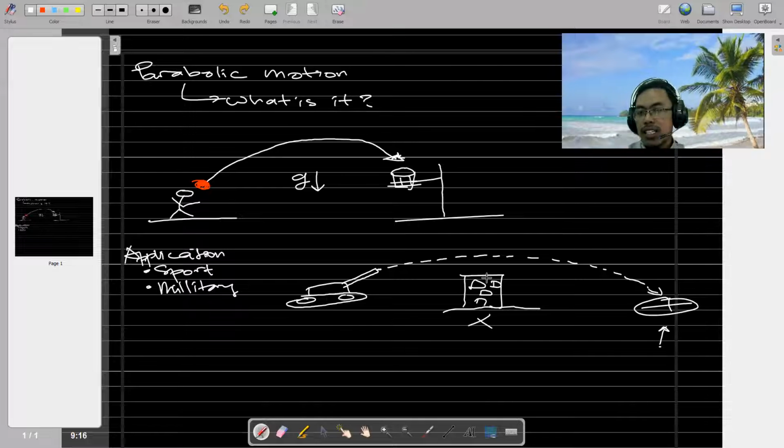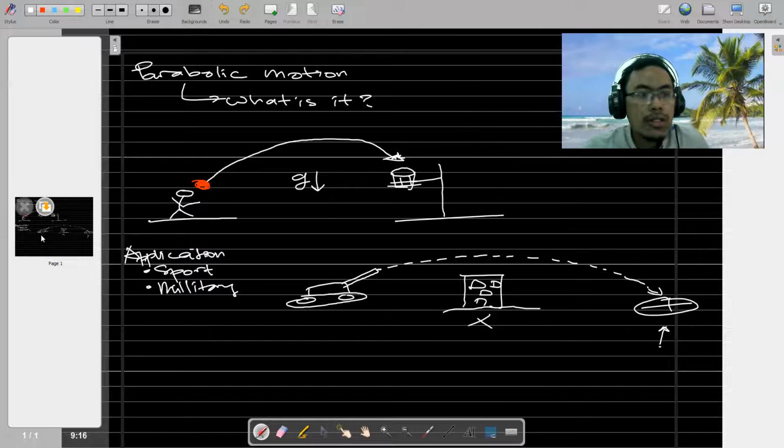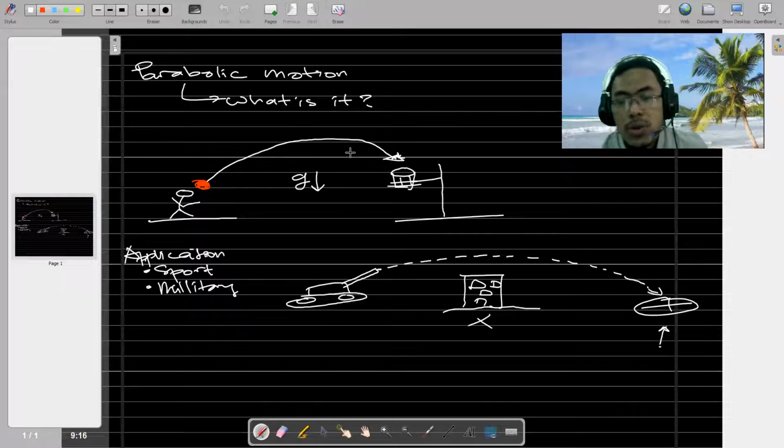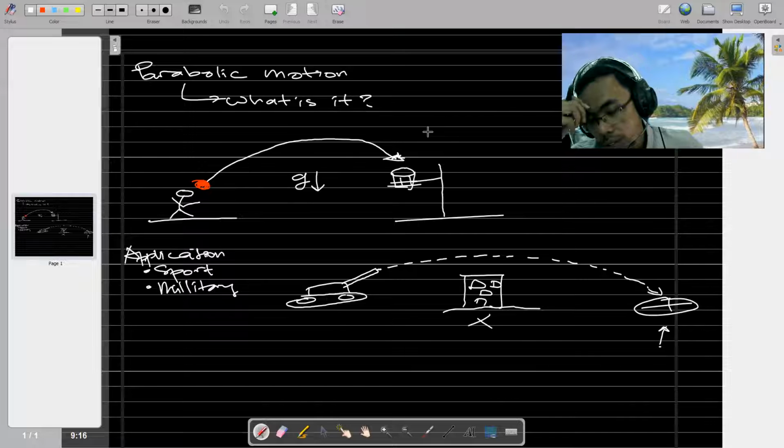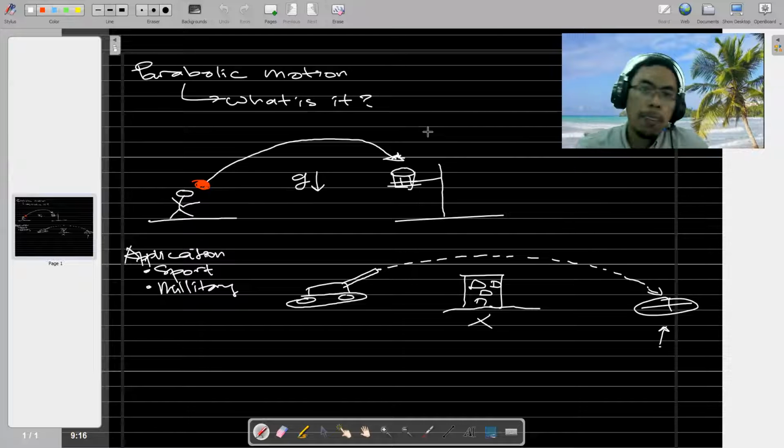Okay, so that's the simple introduction of our topic today. Now let's talk about the calculation, some basic calculation that can help us to solve the problem of parabolic motion.